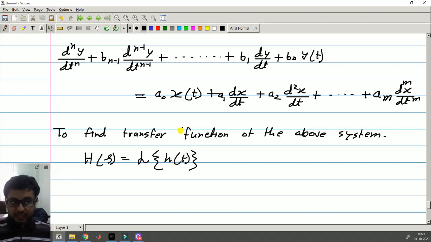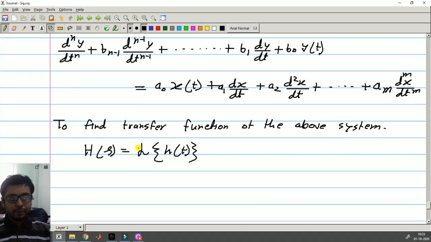For that you have to set the input x to be the delta function delta(t) under relaxed condition, and then calculate the output, that is by definition h(t), and then you can take the Laplace transform. That is one way, but a simpler way to do this is as follows.